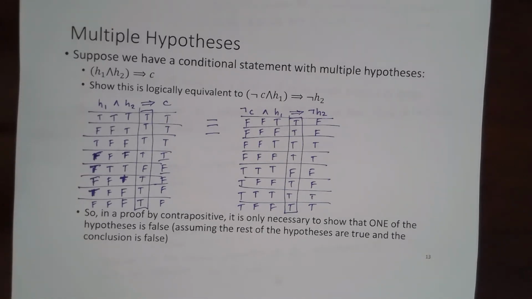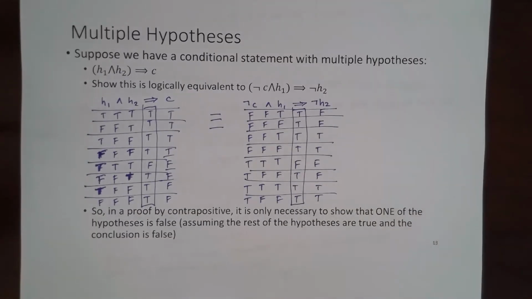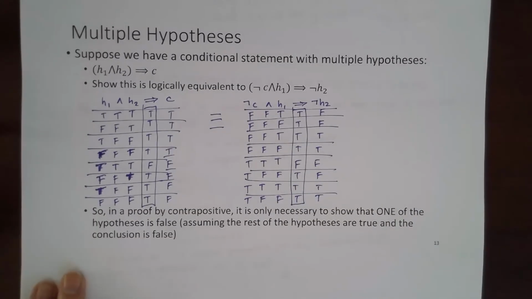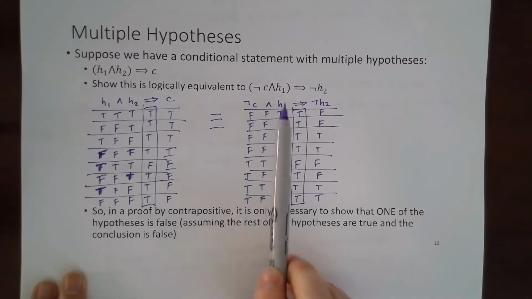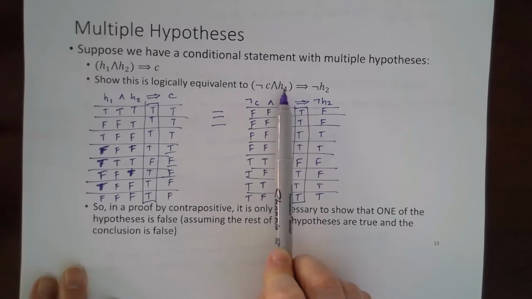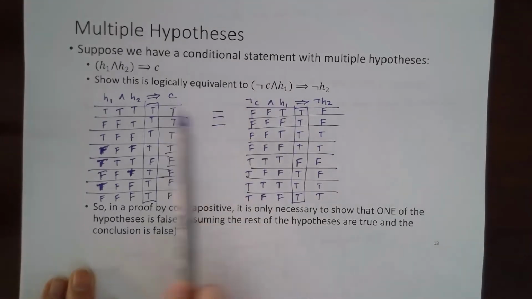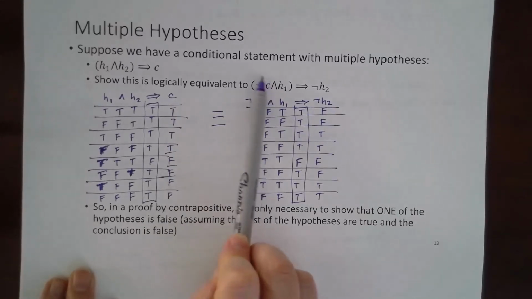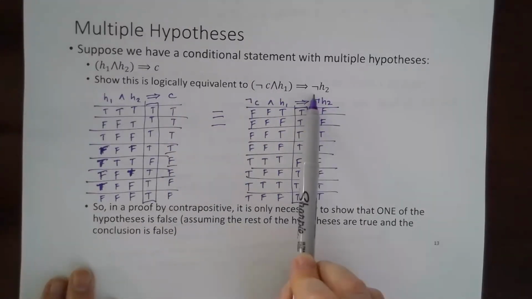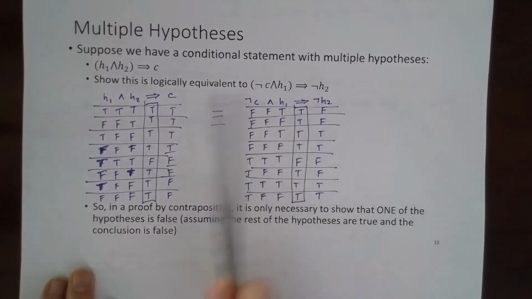So why did we go through all of that, and why do we even care about that? Well, when we have multiple hypotheses, notice that we can keep one of the hypotheses as a hypothesis, and then we just add the not conclusion, and the other hypothesis can move to the other side.